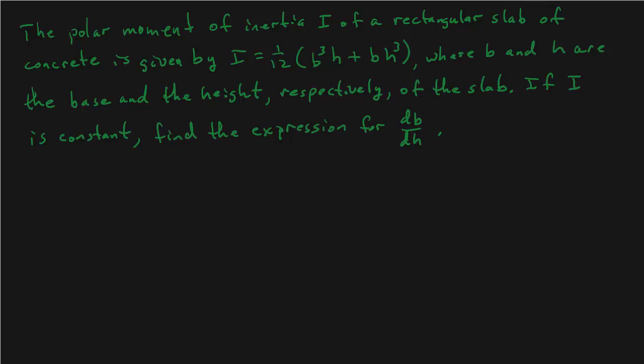So we want to take the derivative of b with respect to h. So which one is the independent variable, which is the dependent variable? Our dependent variable is b and our independent variable is h. So b is acting like our y term, and h is like our x term.